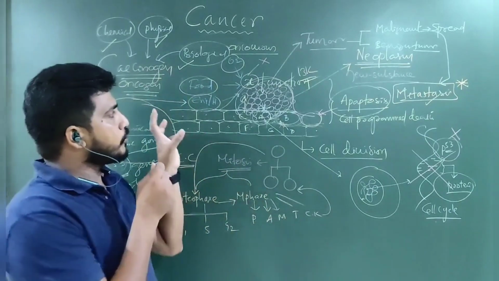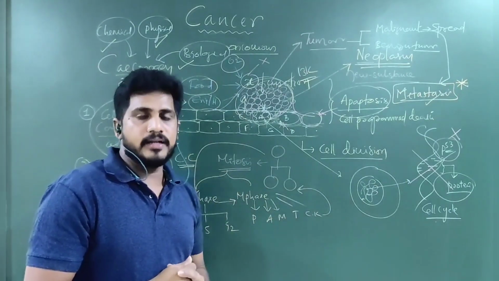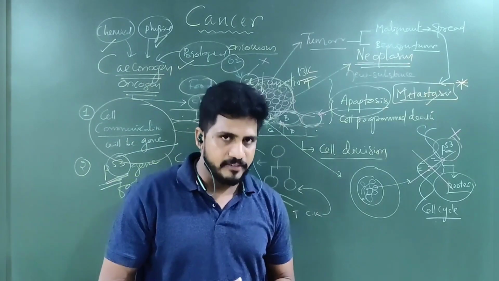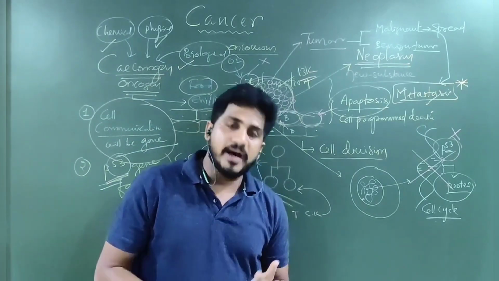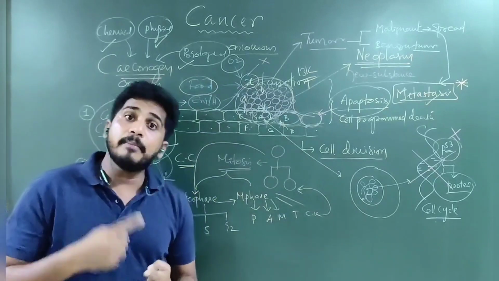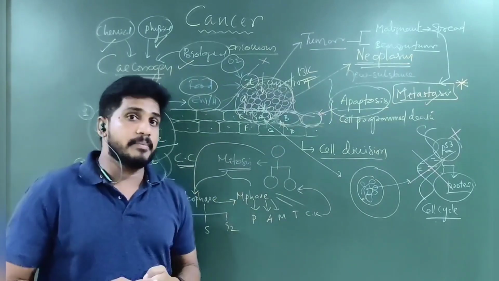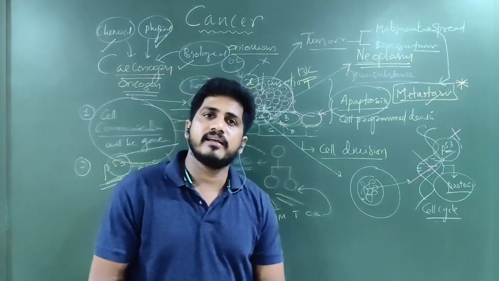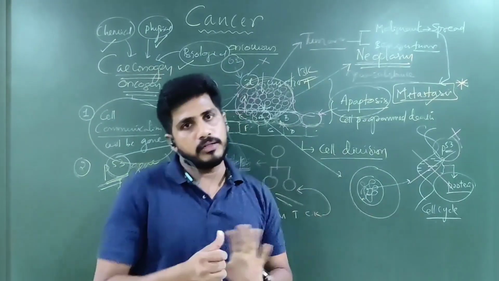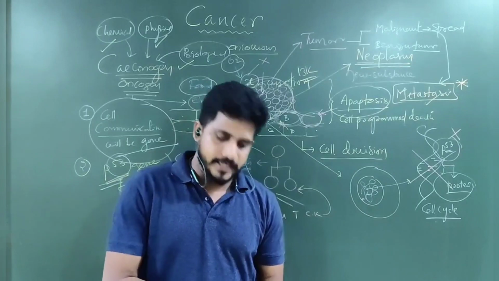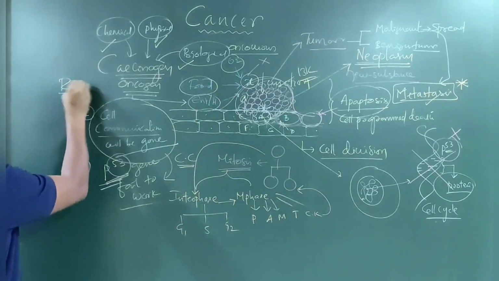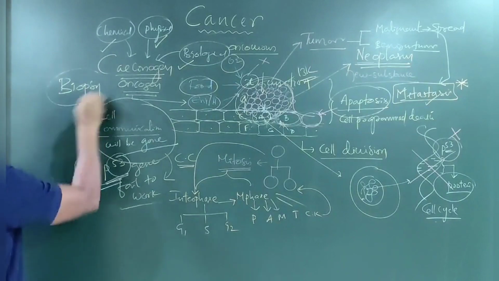Fine. Now, how do we detect this cancer? There are so many diagnostic techniques in the medical field: X-ray, MRI scan, CT scan, electromagnetic resonance imaging, and so many more. But peculiarly for cancer, apart from all this, there is a technique called biopsy.